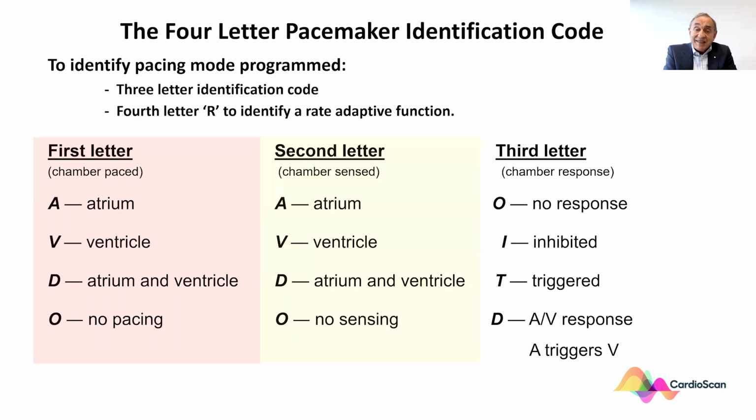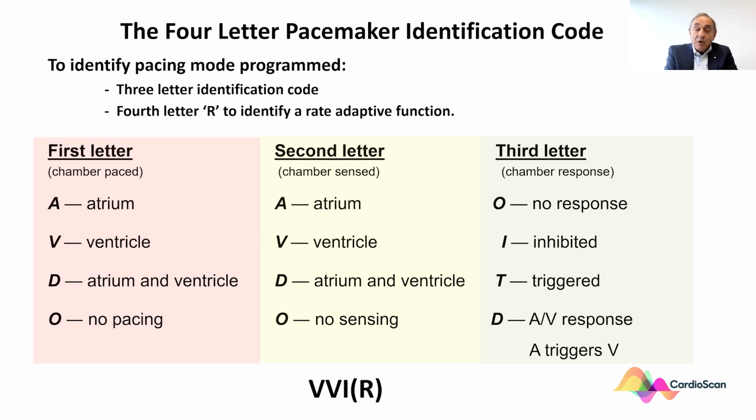Once we do have sensing then, we need to know the chamber response, and this can be none, or it can be inhibited, triggered, or dual D, where there is an AV response, which is usually inhibited, but also a third function then is that A triggers the V.